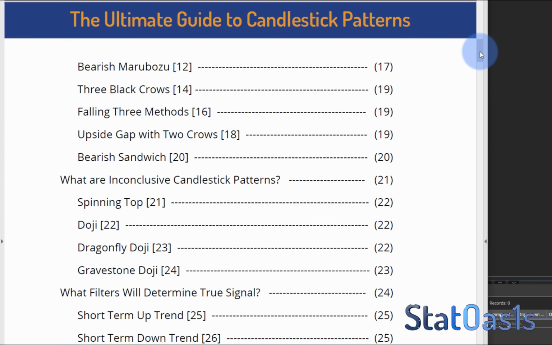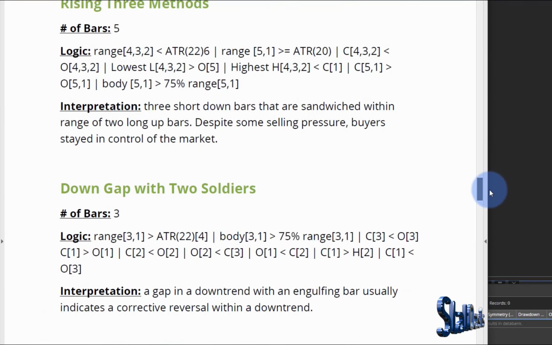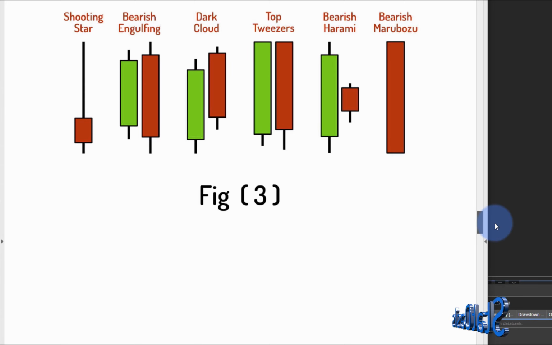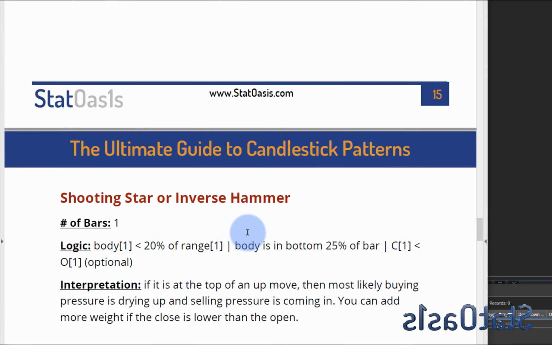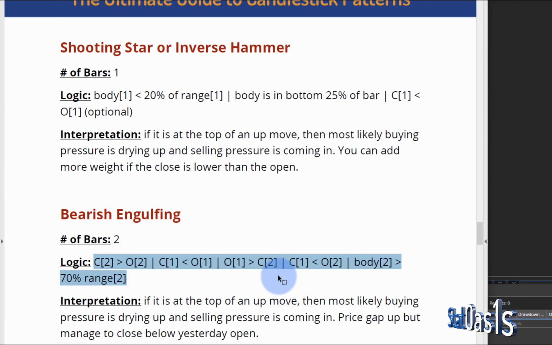To show you, my bearish engulfing is defined like this. This is the code. It's in plain text, of course, so you can program it in any other platform. And that's why the companion book is very relevant to this freebie.